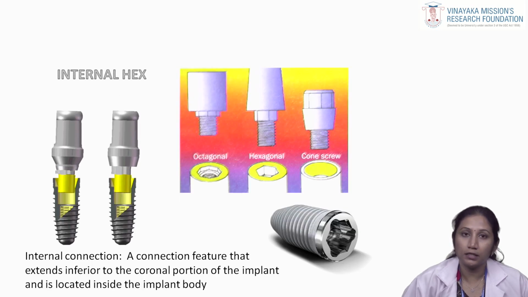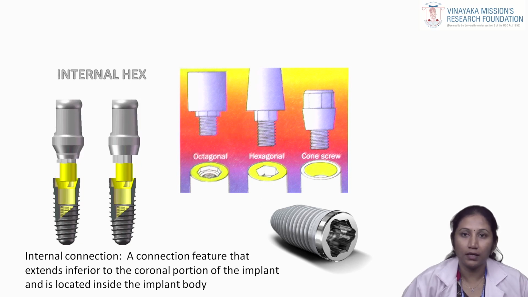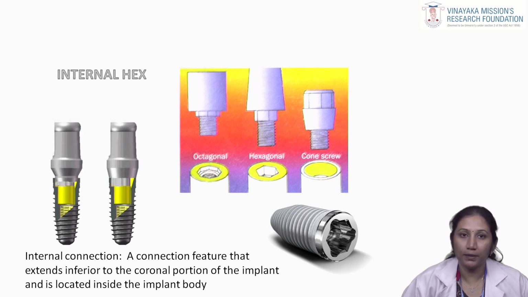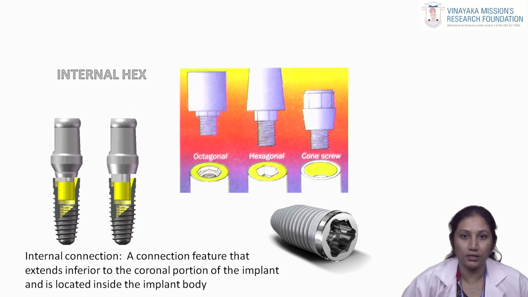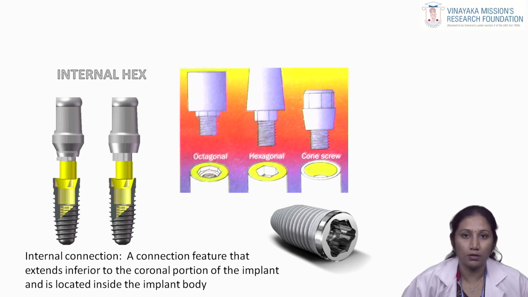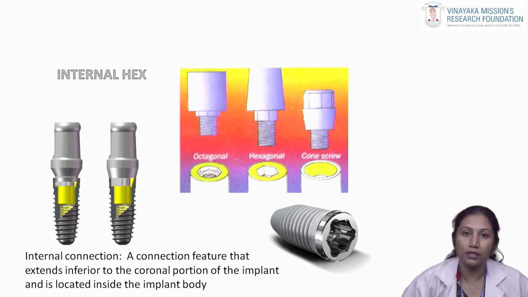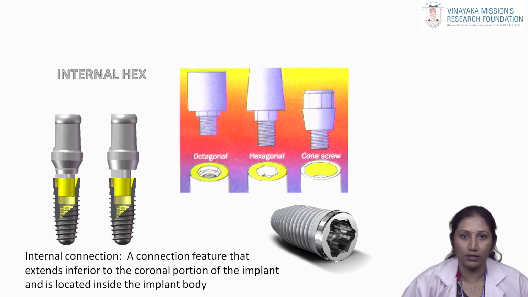Then come the internal connections, which are commonly used because the connection lies within the implant body as such. Based upon the companies, the internal connections have different shapes like trichannel, hexagon, octagon or even conical connections. All these internal connections enhance the anti-rotational property of the prosthesis.